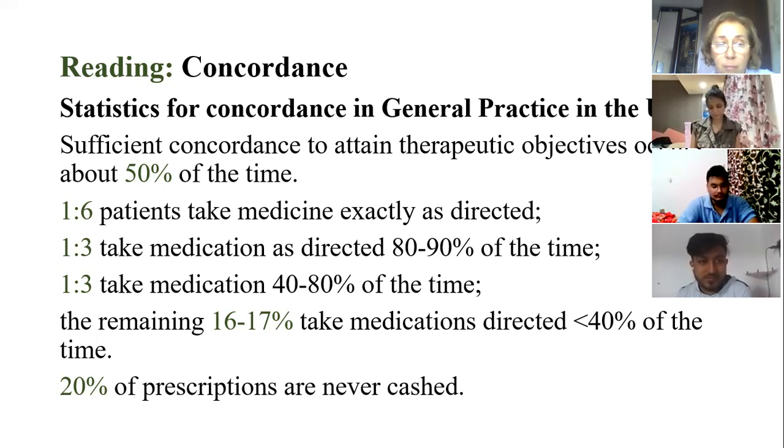One in 6 patients take medicine exactly as directed. One in 3 take medications as directed 80 to 90% of the time. And 1 in 3 take medications 40 to 80% of the time. The remaining 1 in 6 take medication as directed less than 40% of the time. And 20% of prescriptions are never filled.